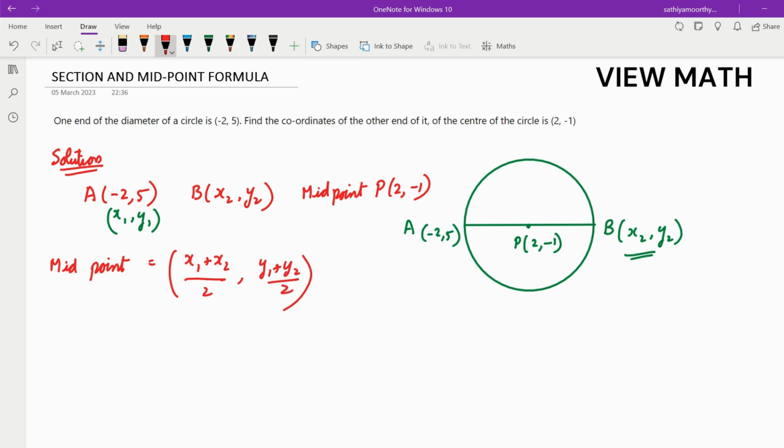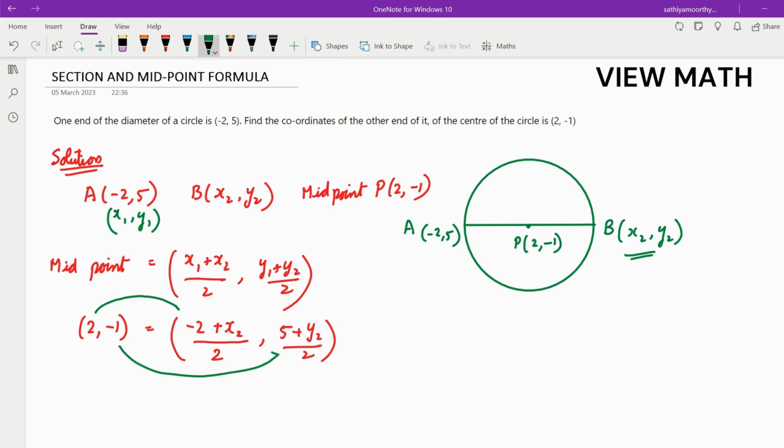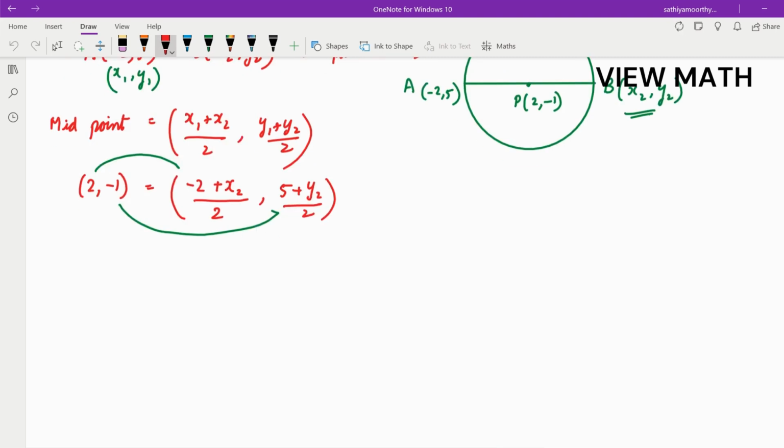So the midpoint is (2, -1). I'm substituting: x1 is -2 plus x2, which I need to find out, divided by 2, and y1 is 5 plus y2 by 2. So here I'm going to equate the x coordinates and the y coordinates. This is my x coordinate and this is my y coordinate. So let me equate to find x2 and y2.